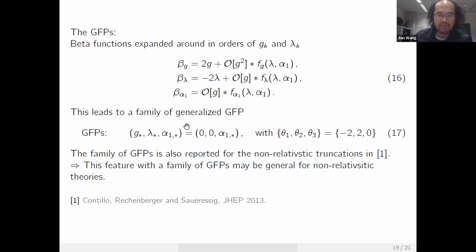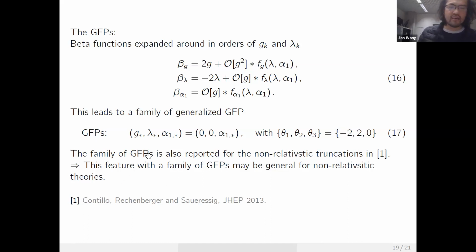So there is a family of generalized Gaussian fixed points. In this family, G over lambda must be 0 and alpha 1 can be any value. The corresponding critical exponents are the same as in the previous case.